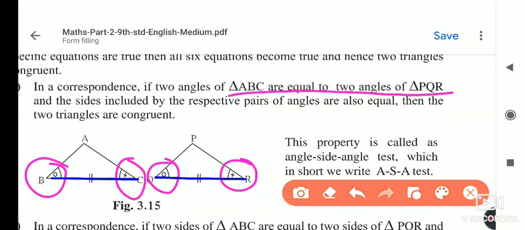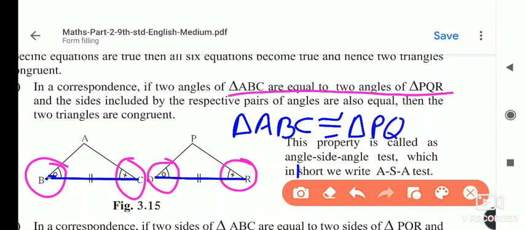BC and QR. This is the side included by these two angles. If it is equal or congruent, then triangle ABC is congruent to triangle PQR by ASA, that is the angle, side, angle test of congruency.